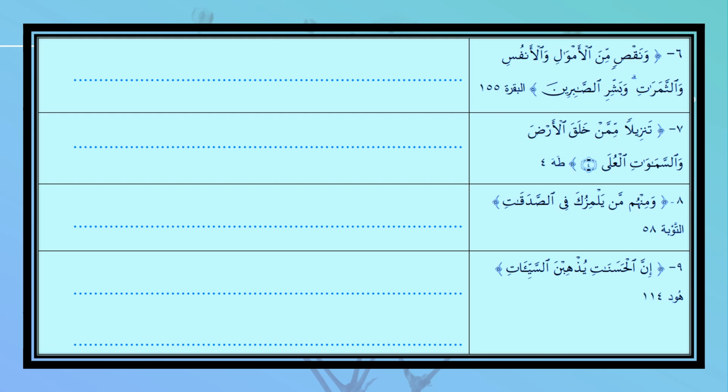ونقص من الأموال والأنفس والثمرات وبشر الصابرين. So where is our Jama Muannas? والثمرات. So it's in kasra. So why is it in kasra? Let's check. ونقص من الأموال. So the first noun is majroor due to harf jar. والأنفس والثمرات, all these are following after waw.